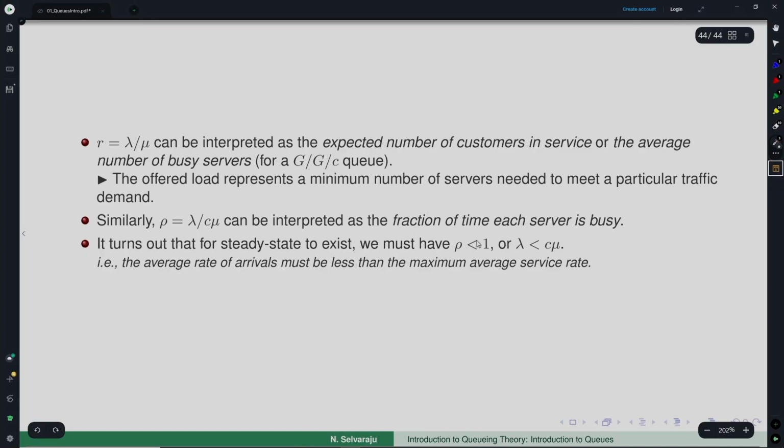But if there is randomness, then rho equal to 1 is not going to work, because due to randomness the queue will start building up and things will not be in a stable situation.